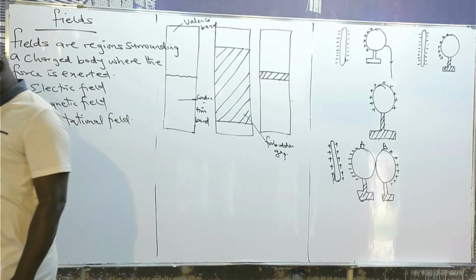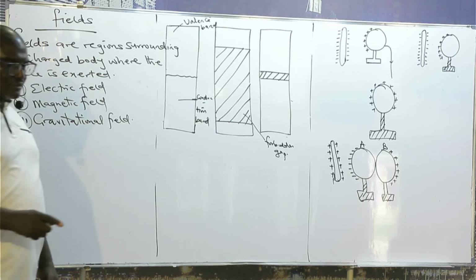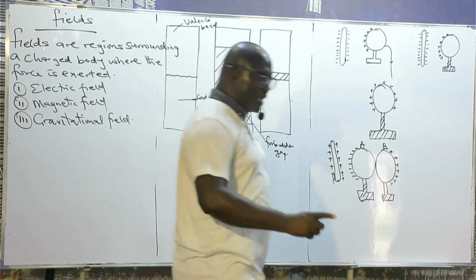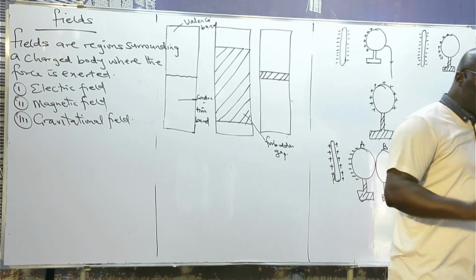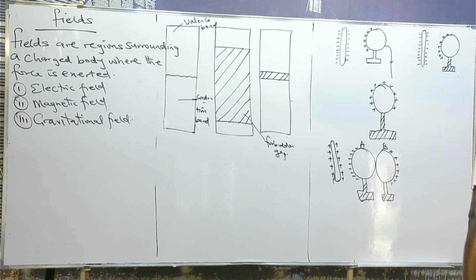The electric and magnetic fields create both attractive and repulsive force, while the gravitational field creates only an attractive force. In our next class, we start from electric field.